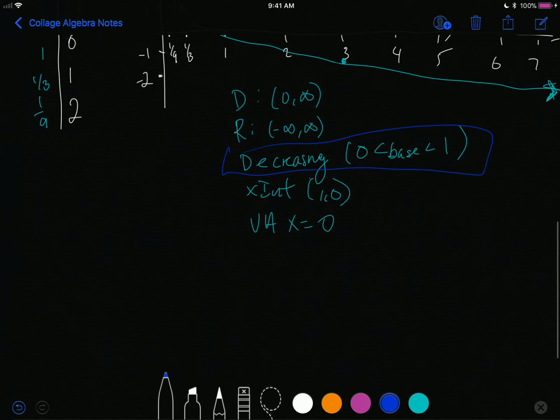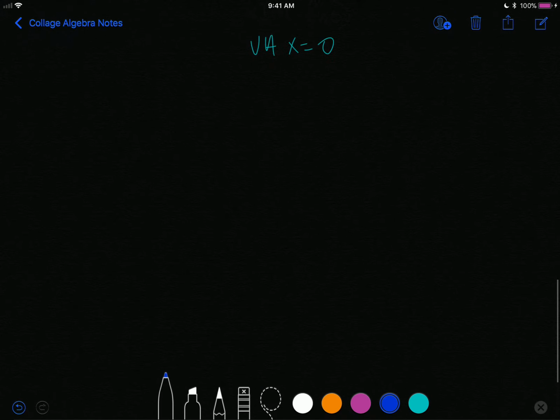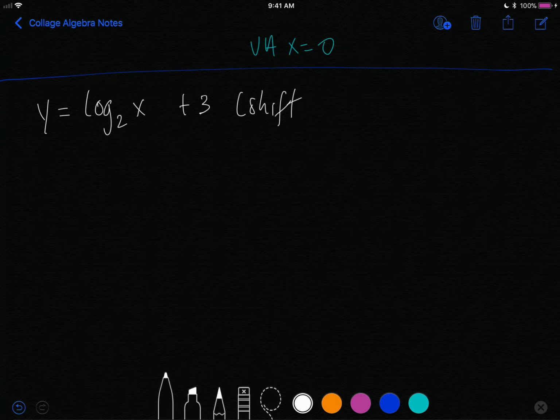Alright, let's look at the basic shifts. So let's go with the shift up, down, left, right. Let's say I have y equals log base 2 of x plus 3 right here. This is a shift up 3.